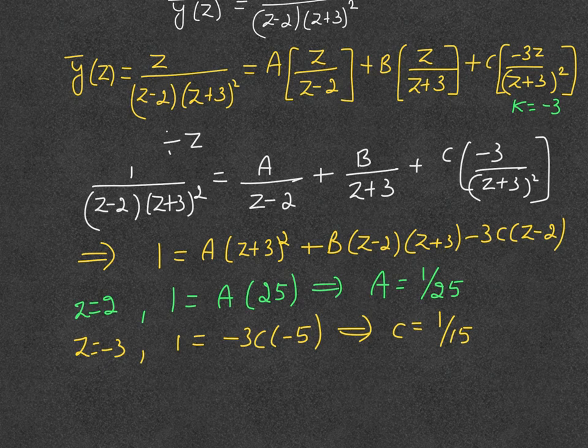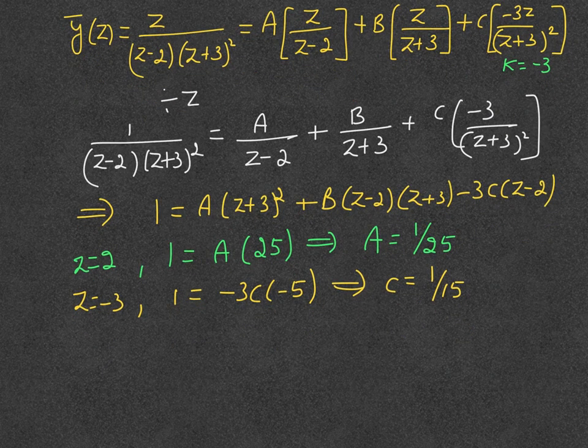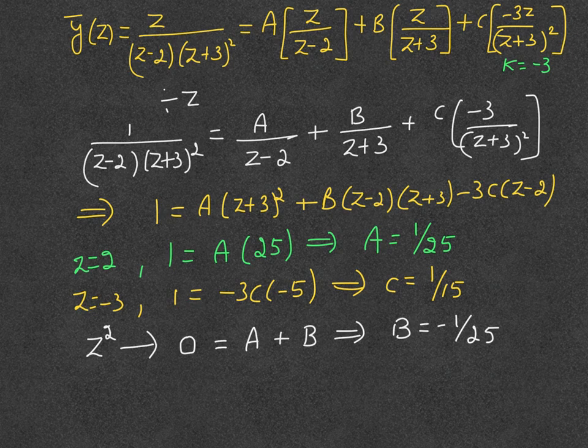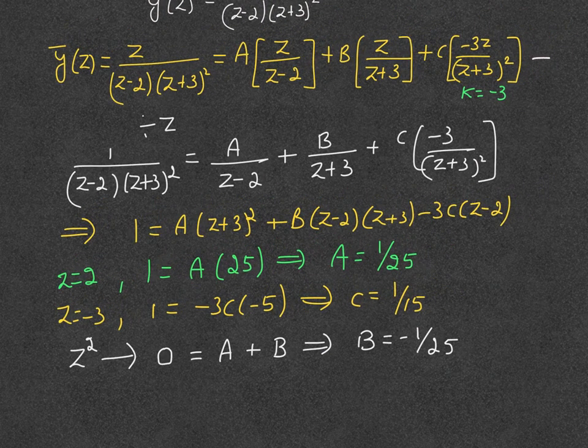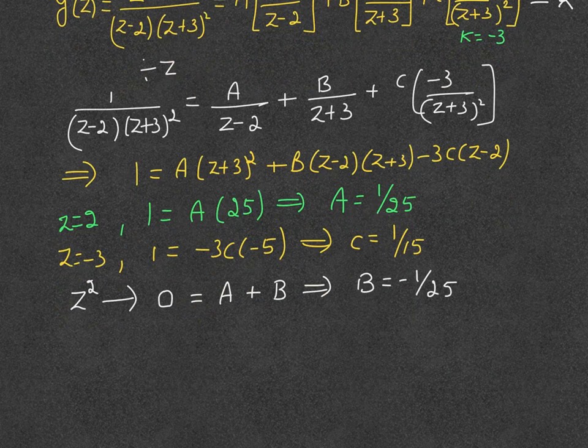Next, I'll compare coefficients on both sides of z square. There is no z square on the left, so the coefficient is 0. On the right side we get a coefficient plus b. Where a is 1 by 25, you can write b is minus 1 by 25. So we substitute all this into the partial fractions by considering the corresponding terms in the numerator.